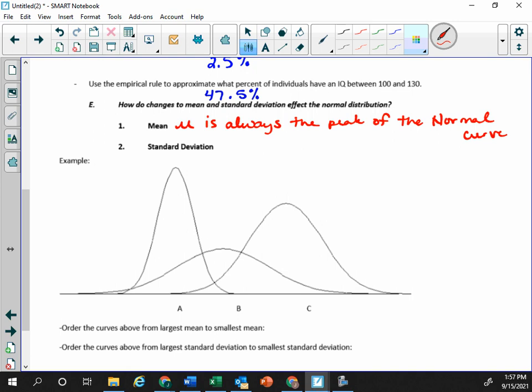And then standard deviation. Remember, standard deviation tells us about how spread out your distribution is. So the larger sigma, the wider the spread. The bigger your standard deviation, the wider the spread of the normal curve.